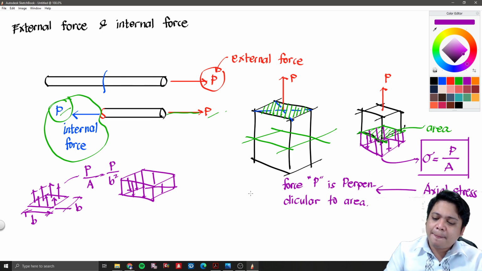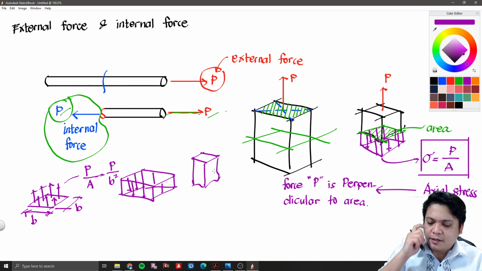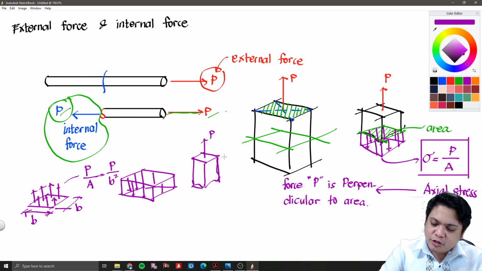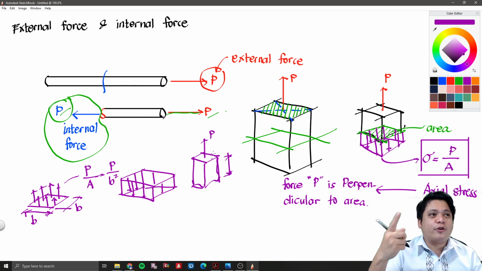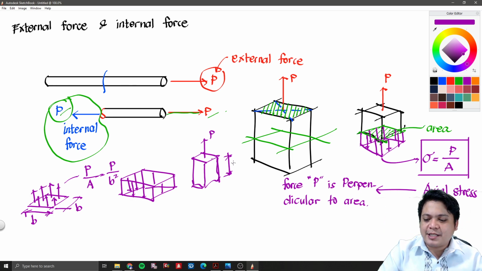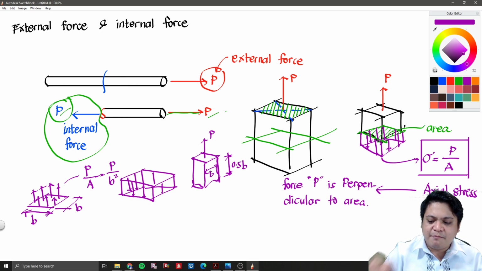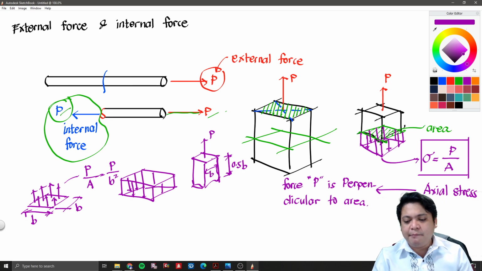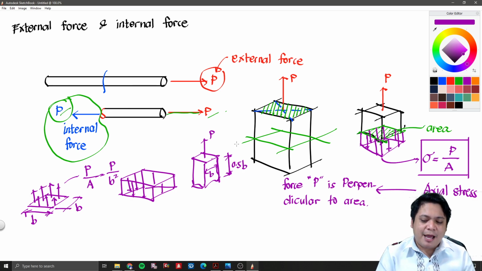Sabi niya, kapag daw yung force P mo, for example, I have here the force P. Tapos yung cutting section ko, itong length na to, malapit dun sa end na nilalagyan ng force, let's say that's around 0.5 of B, yung dimension. Let's say, ang B natin is 500 mm. So, malapit na malapit siya.